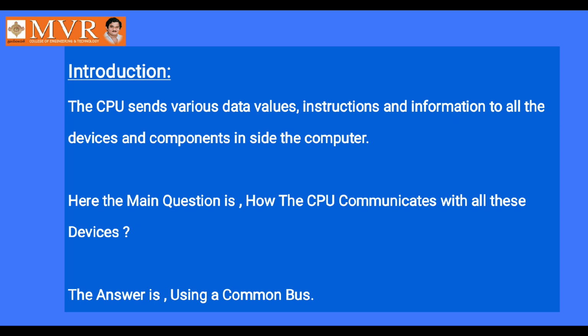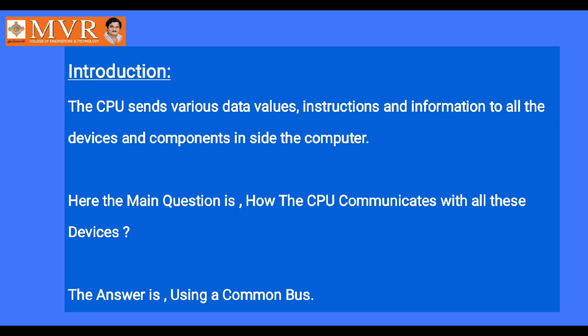So when we need to send data, where to send data, when some storage device or output device will receive data, and how to pass the instructions and information to various devices and components inside the computer, all will be controlled by the control unit only, which is a part of the CPU.